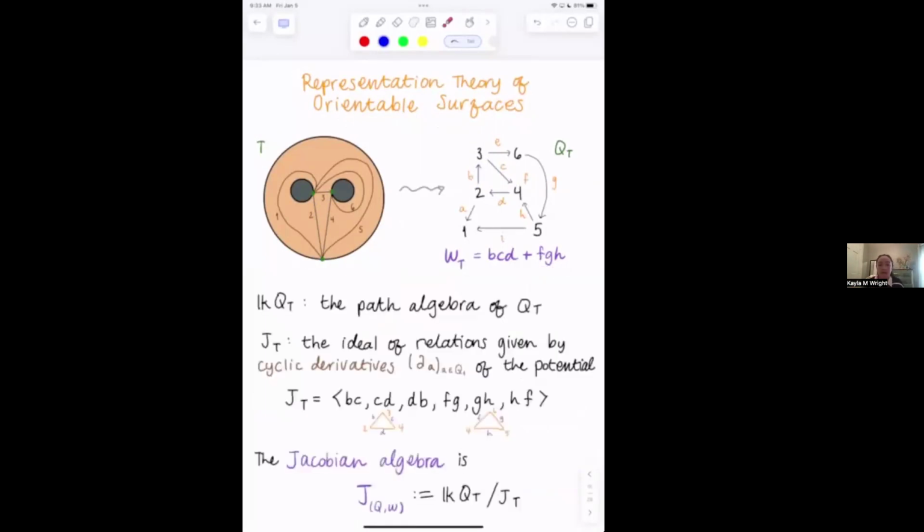We look at the path algebra of the quiver, and then we mod out by the Jacobian ideal, which is given by the relations from the potential. The way I like to think about this, I think Anna already talked about this, is that if you take one of these triangles, you mod out by any of the two paths that you can get, and then we get the Jacobian algebra associated to this marked surface.